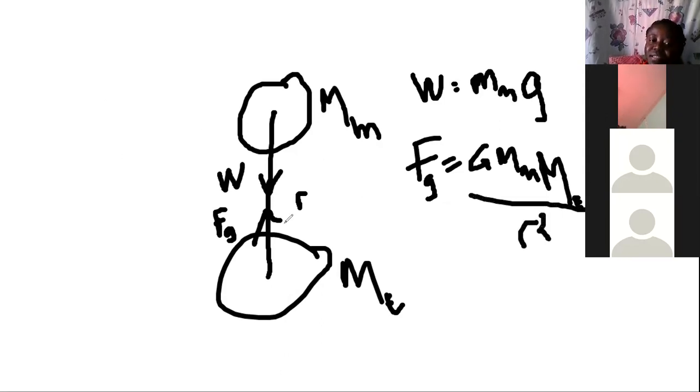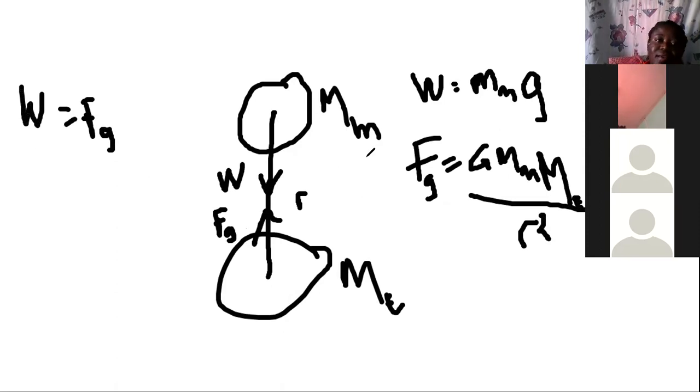Okay, since we said that the forces are equal, just in the opposite directions, the force coming from that to this one is equal to the gravitational acceleration of that.